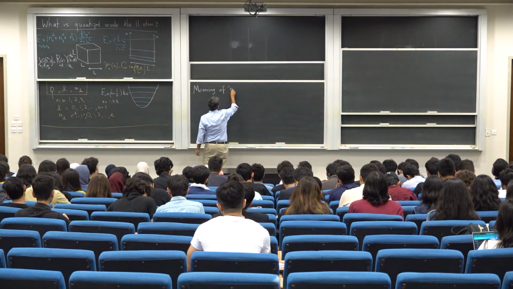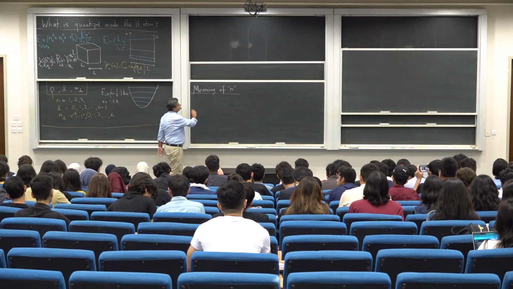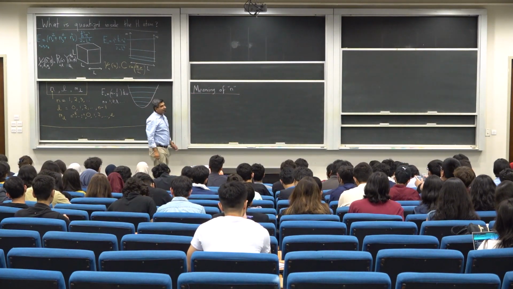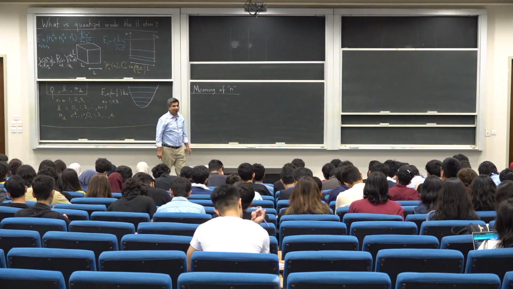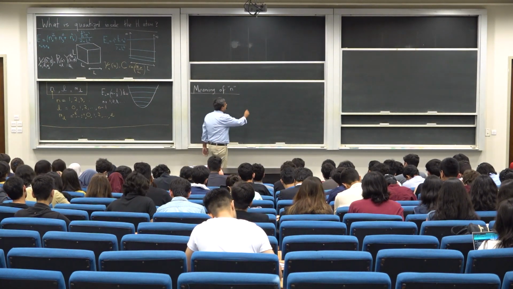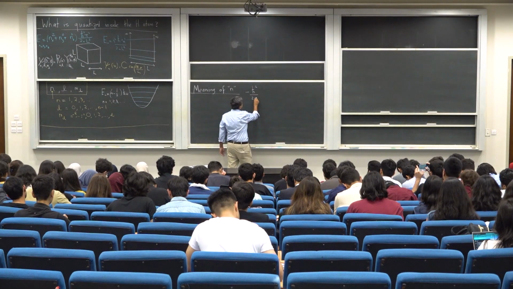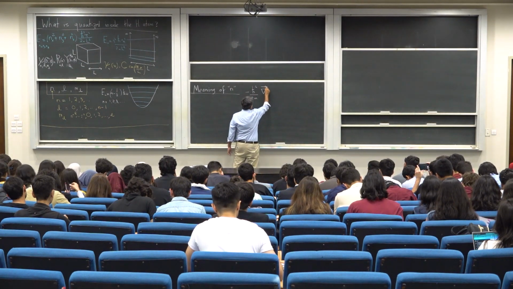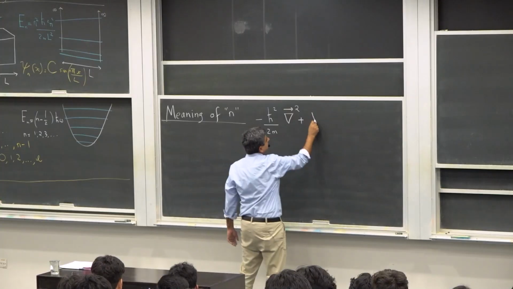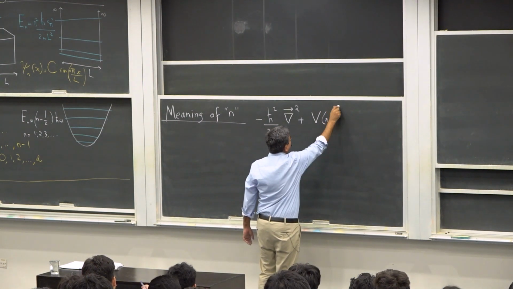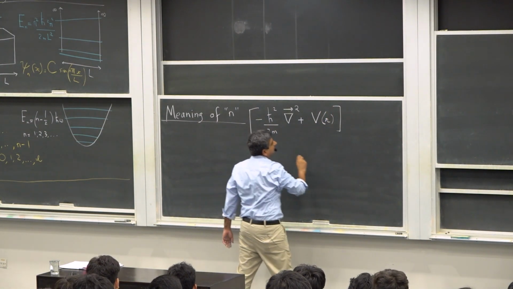Meaning of n. So if I look at the Schrodinger equation, in shorthand time independent form it is minus h bar squared over 2m, Laplacian, plus the potential energy term, all of this acting on the wave function.